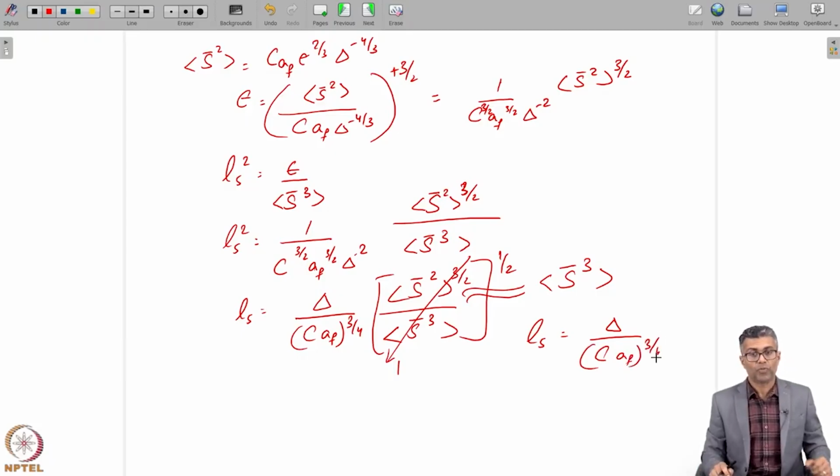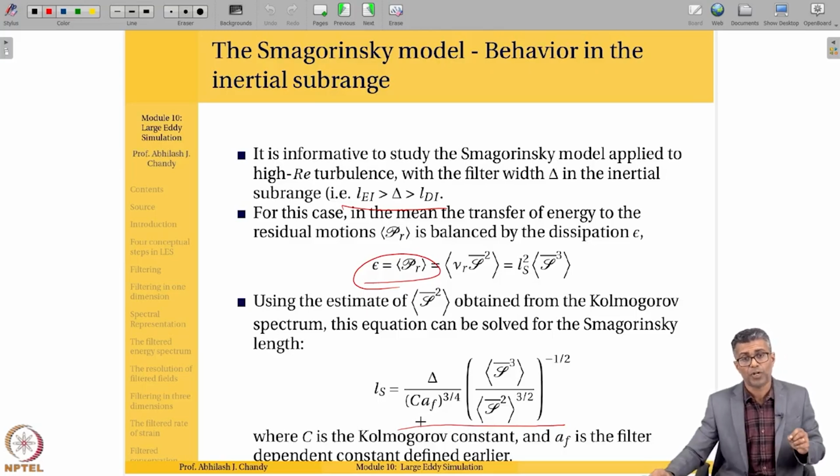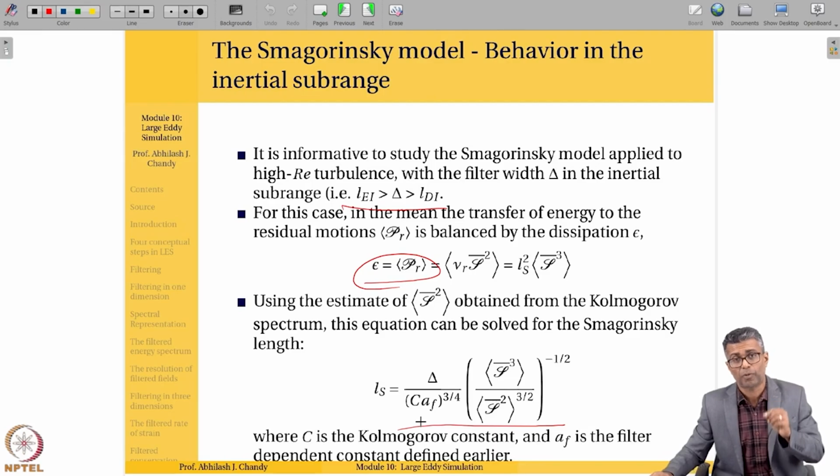Where does that leave us? We still don't know what A_F is. So that's what we end up getting here, where you get delta over C A_F. Now the question is, what is A_F? Because C, we know, is the Kolmogorov spectrum constant, which comes out to be 1.5, a universal constant. So we know that value.